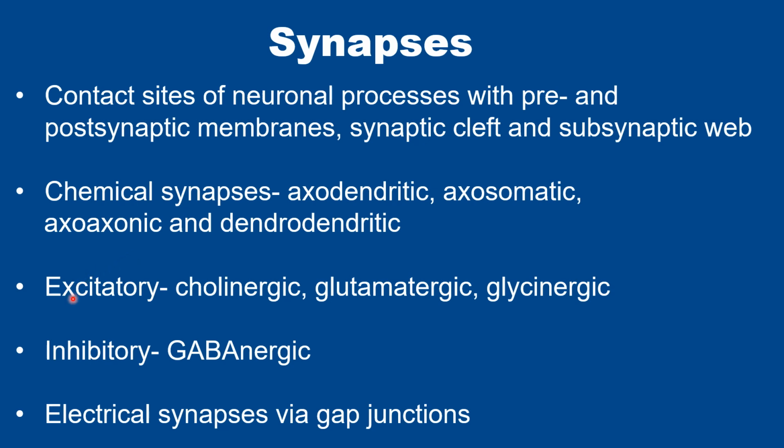The excitatory synapses use acetylcholine, glutamic acid, or glycine as neurotransmitters, whereas the inhibitory synapses use GABA as the neurotransmitter. They are called GABAergic synapses. The electrical synapses are very fast as neurotransmitters are not involved in the process of transmission.